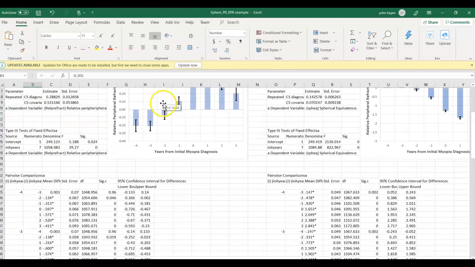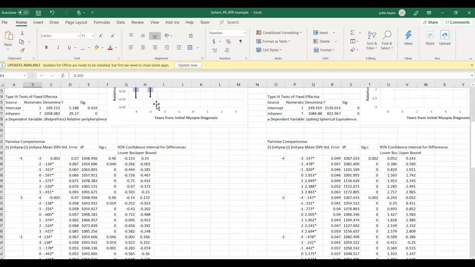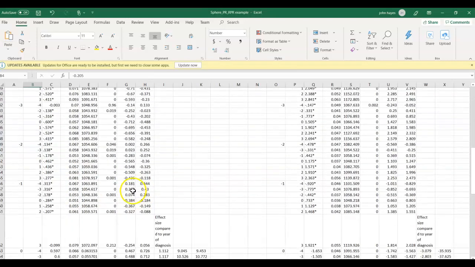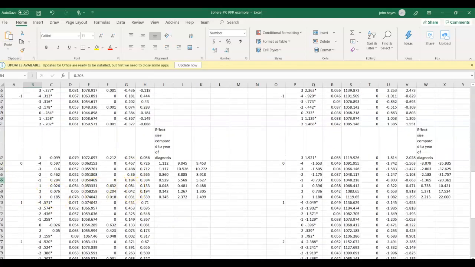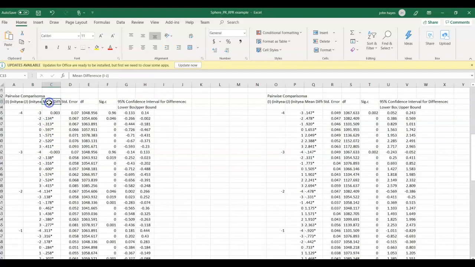Now I have done that down here, in the pairwise comparisons table. I'm interested in the zeros, so I have 0 compared to -4, -3. Now, you could do an equals and then parentheses from the estimates, 4 minus 0, but this column right here is the mean differences.